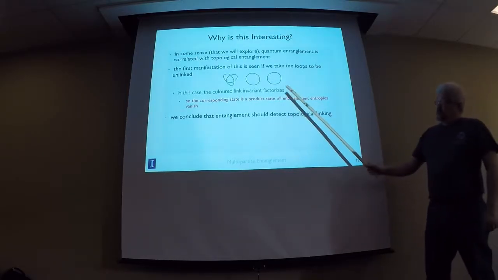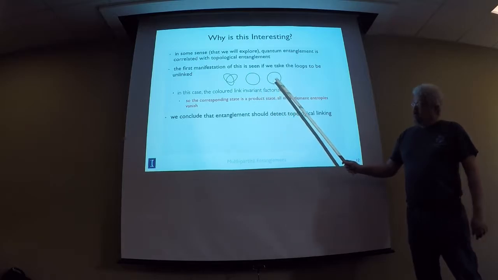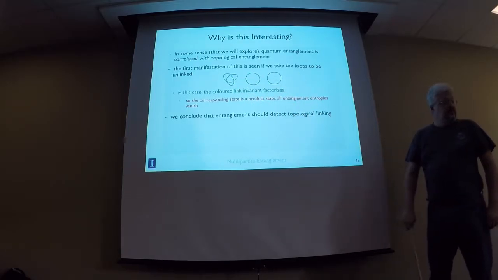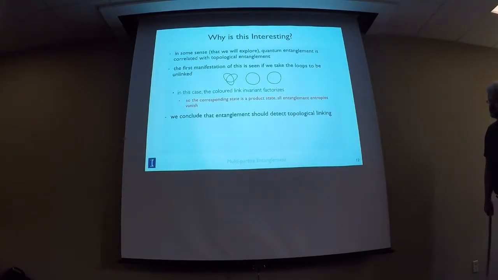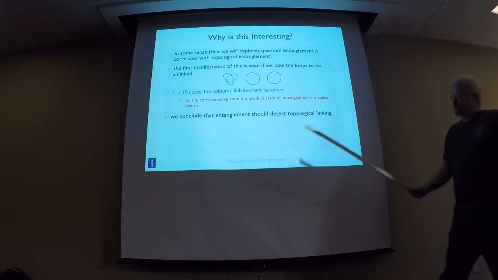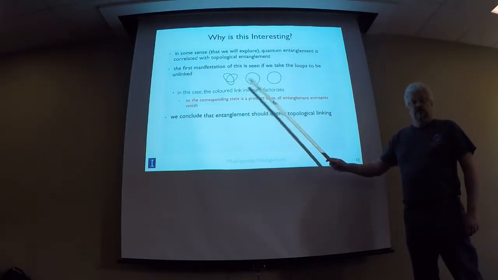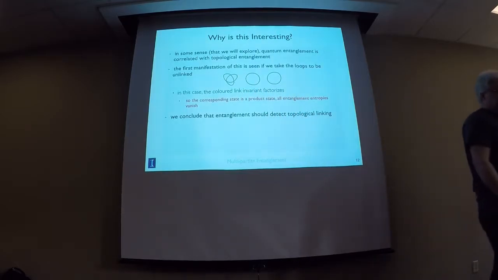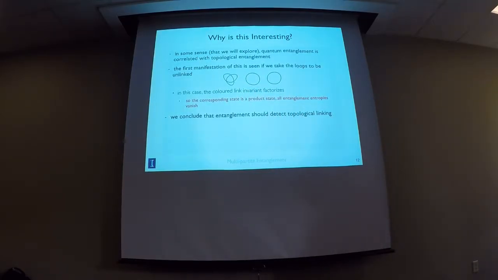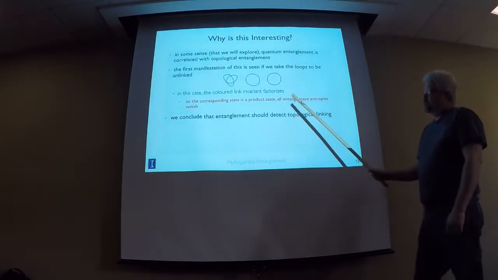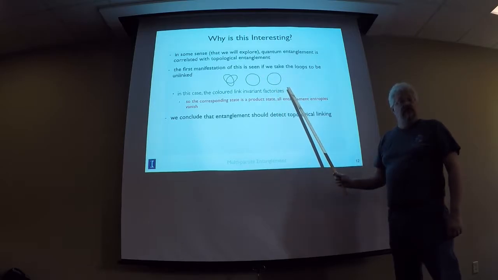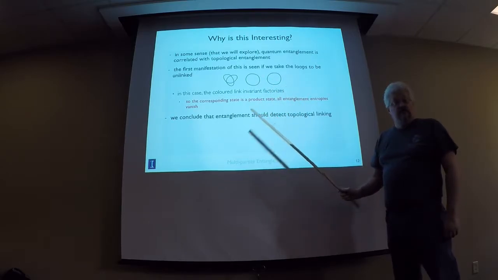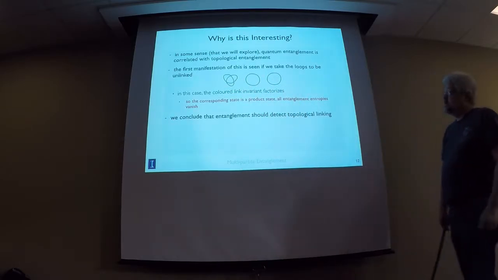Well, if you buy what I said and you compute the expectation value of Wilson loops on this, it's known that it factorizes into a product of the Wilson loop expectation values on each of the loops. Okay, that corresponds, in my language, to the statement that the state corresponding to this unlink is a product state. Okay, it just factorizes into pieces.